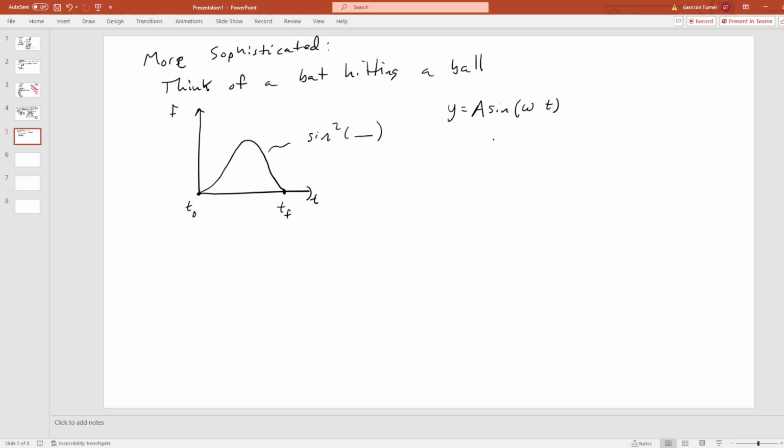Now, we're not going to be worried about a phase shift or anything like that, but to break this down, this is saying the position of a sine wave is equal to its amplitude times the sine of the quantity omega t, where omega is your angular frequency, and t is your time.